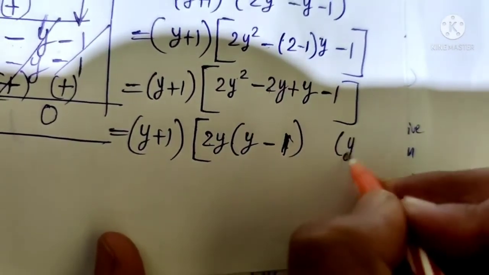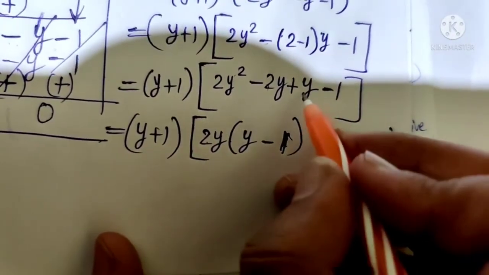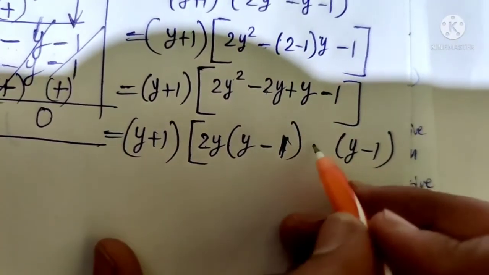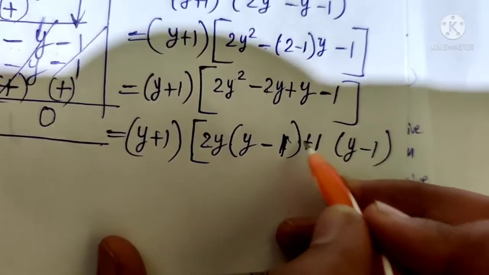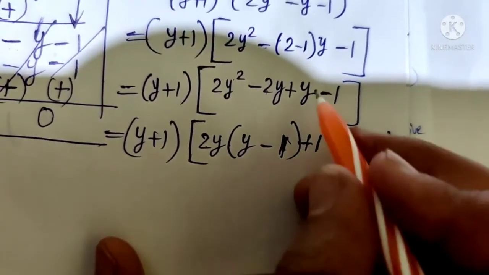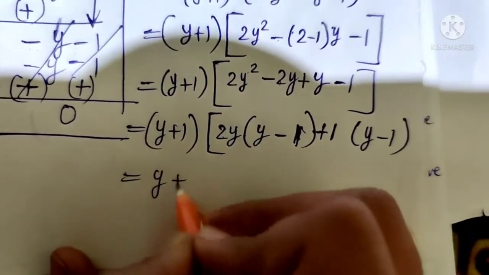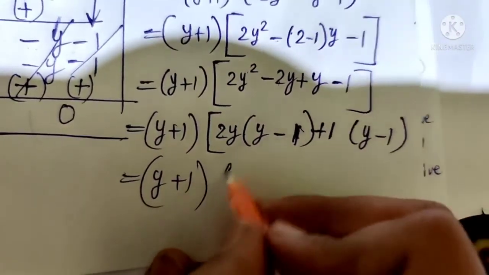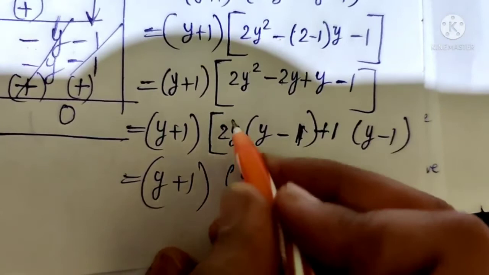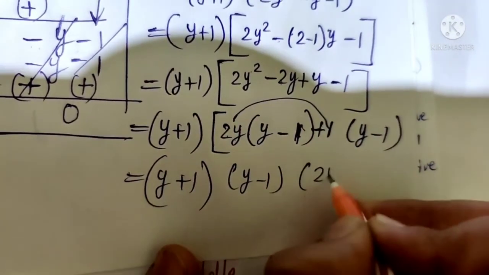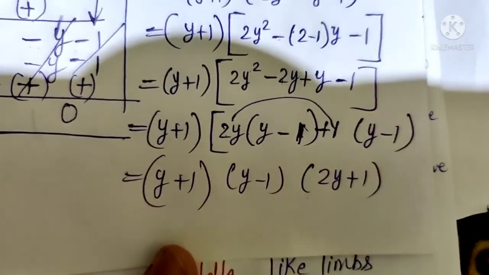Then y minus 1 I need here also, so I need plus 1 only. 1 into y plus y, and 1 into minus y, minus 1. So we got the factors, that is y plus 1, then y minus 1, and at last 2y plus 1. So these are the factors of the given polynomial.